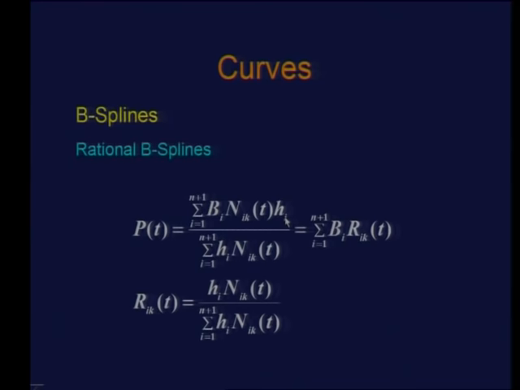So, these are sort of the homogeneous part related to the B spline control points. They are also referred to as weights, because they act as a weight to the definition of the control points. So, what I have is some sort of rational basis functions, right.